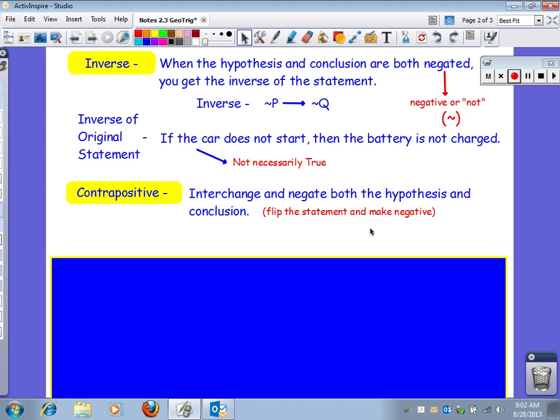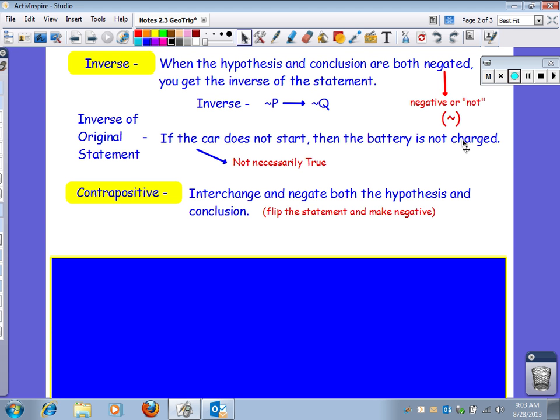You combine the two, you get the contrapositive. So let's think about what the contrapositive would be to our original statement. The original statement said if the car starts, then the battery's charged. The inverse was if the car does not start, the battery's not charged.